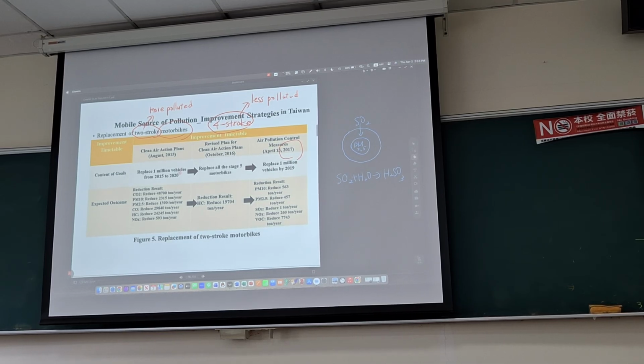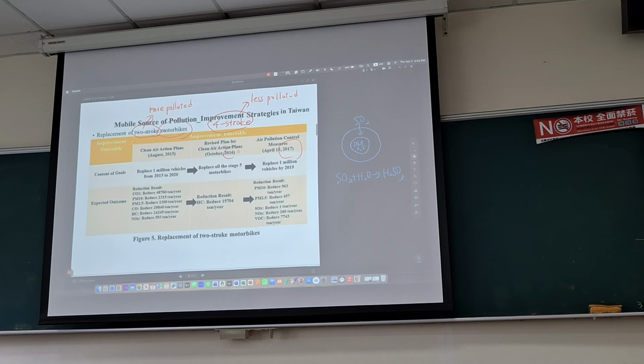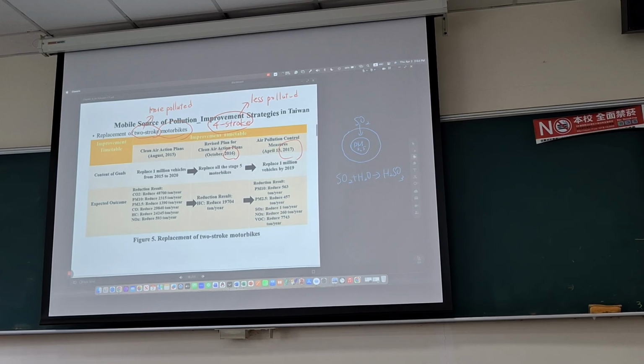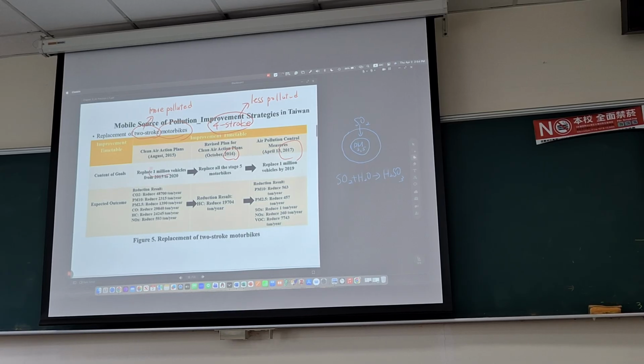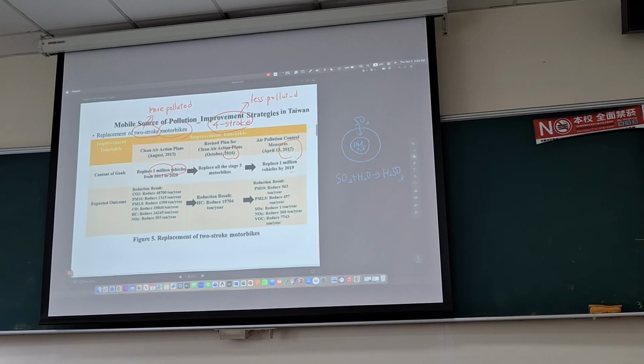So the Taiwanese government, in the first stage plans, the revised plans for clean air actions in 2016, tried to replace 1 million vehicles. The vehicle here means the 2-stroke motorbike. And in the regulations in 2016, we tried to replace another million.